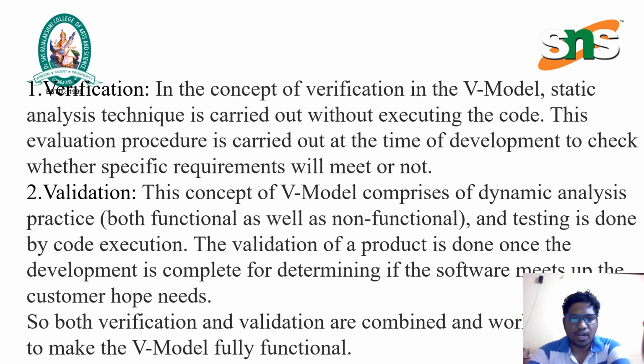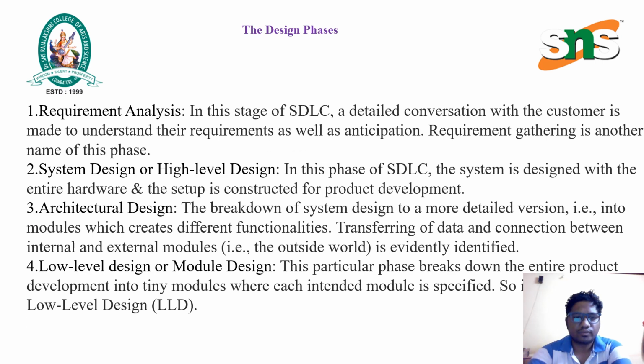Validation of the product is done once development is completed, to determine whether the software meets the customer's expectations. Verification and validation are combined to make the V model fully functional.